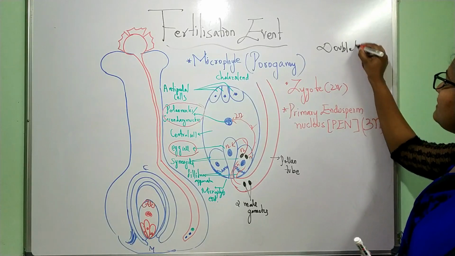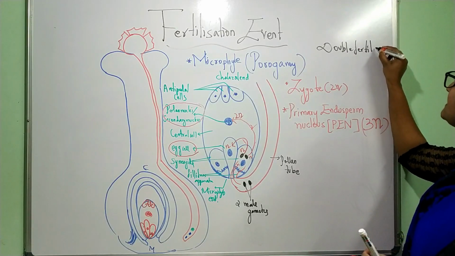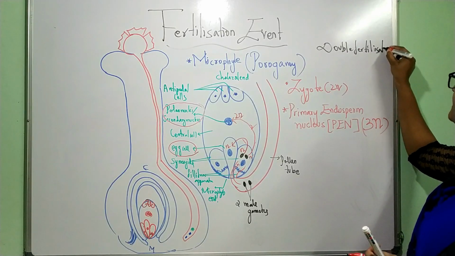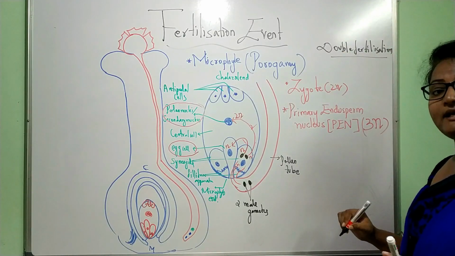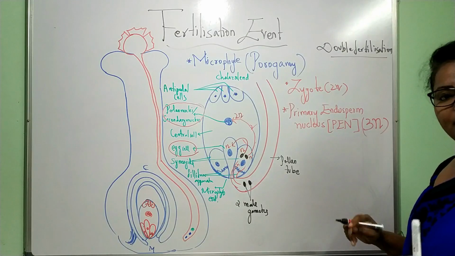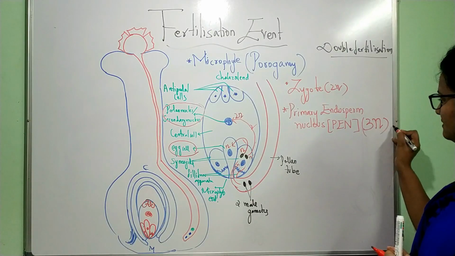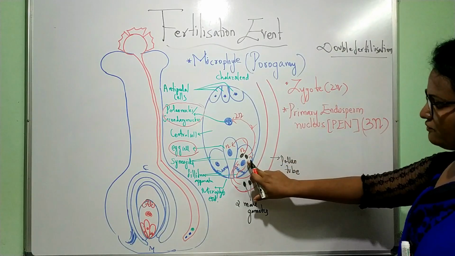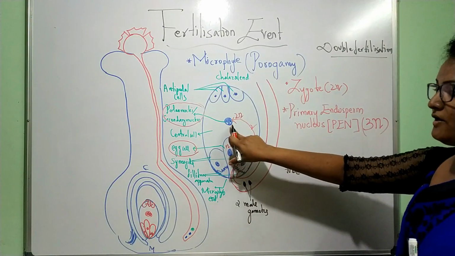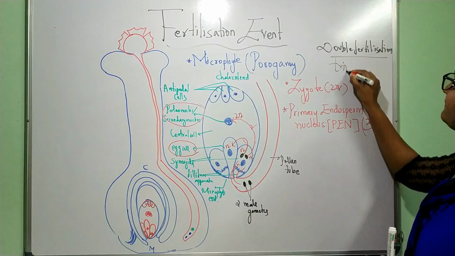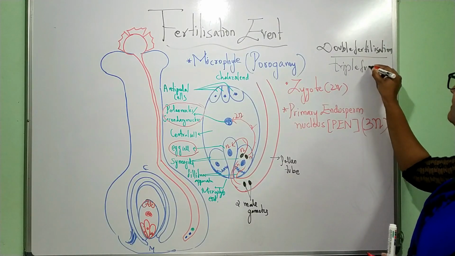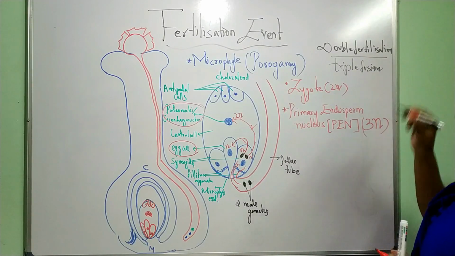This is the first fertilization and this is the second fertilization, hence it is called double fertilization. It is also called triple fusion. Which step is triple fusion? The fusion of one male gamete with the polar nuclei we call triple fusion.